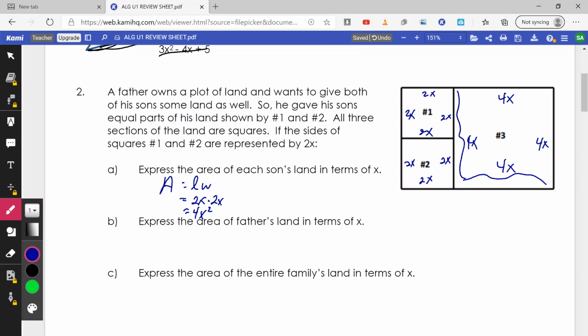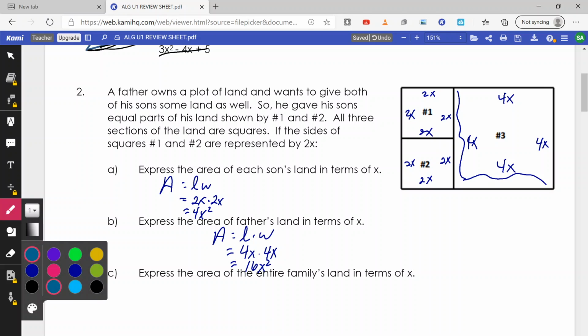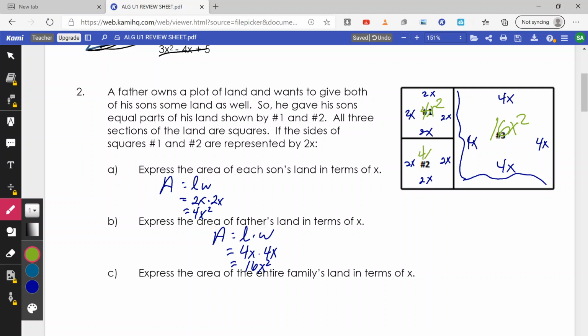For the father's land, we're going to use the same formula, length times width, only in this case they're both 4x. 4 times 4 gives me 16. X times x is x squared. So now we need to express the area of the entire family's land in terms of x. We just found out that the area of the dad's land is 16x squared, and the area of each individual square is 4x squared.